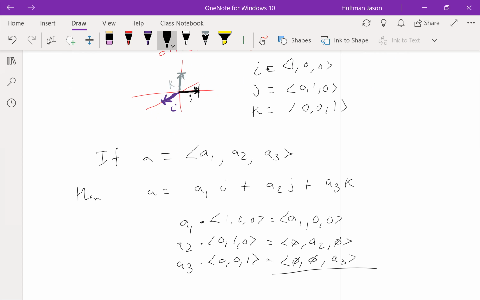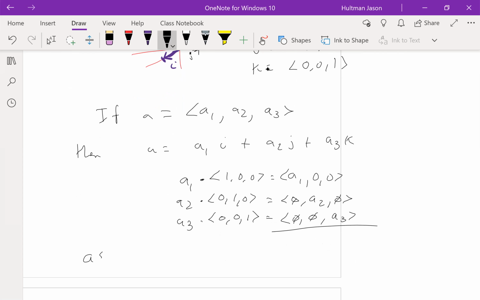Now, in order to add vectors, we have to add component by component. Okay, so vector addition is component by component. And so we're going to add all the first values together.